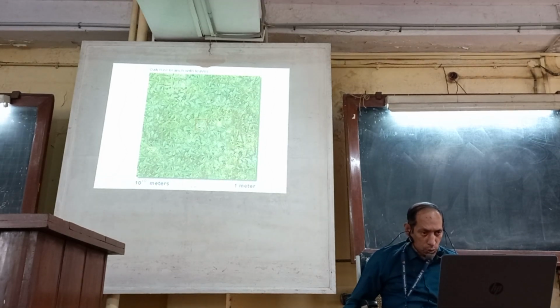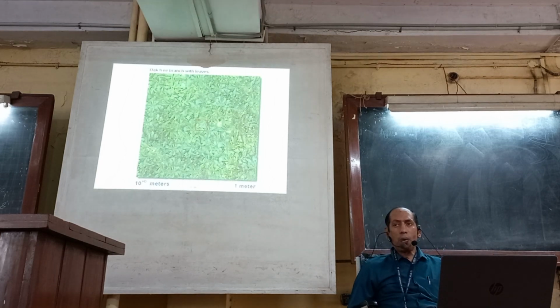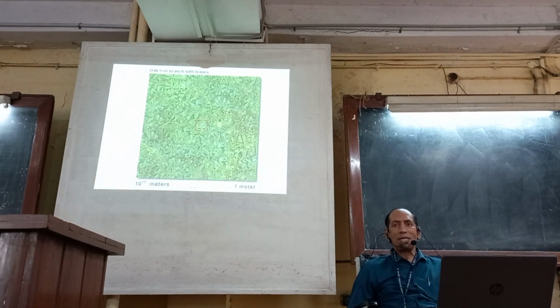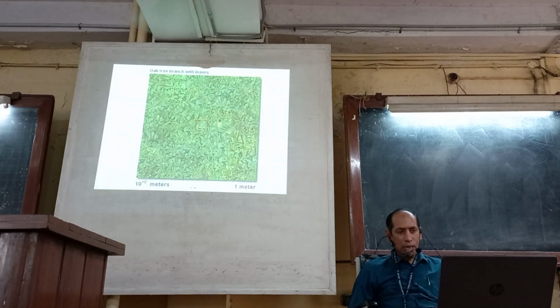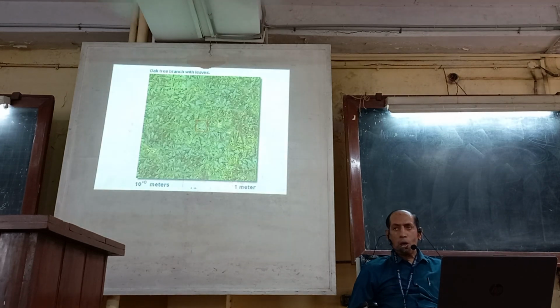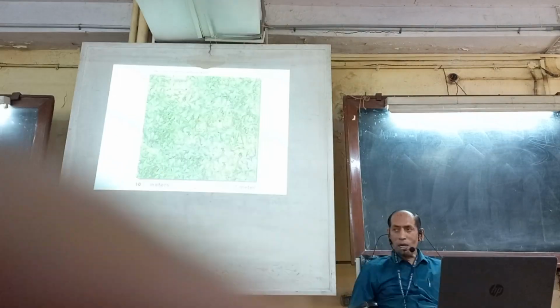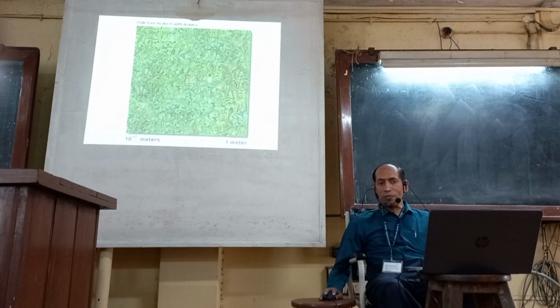This is the view of an oak tree branch with leaves, viewed from above the oak tree at a distance of 1 meter, which is also written as 10 raised to 0 meters. Then you go 10 times closer to the leaf and you go 10 times away from the leaf.